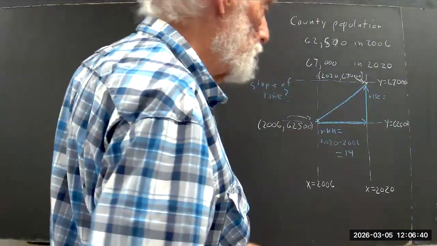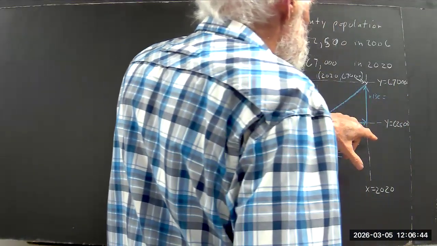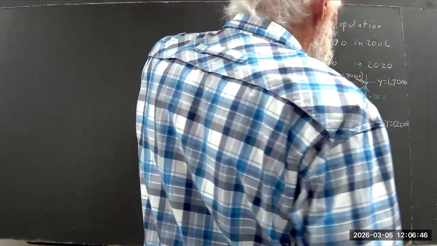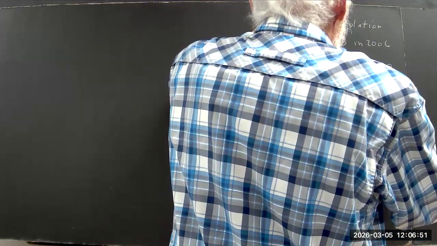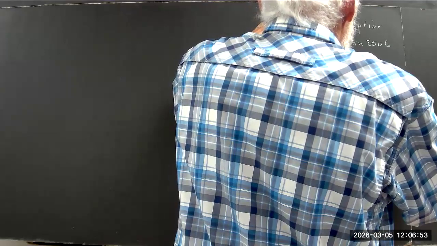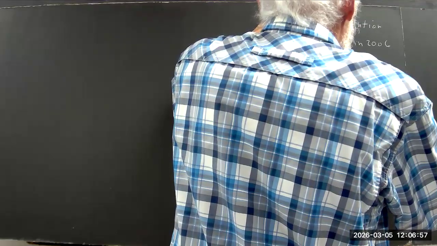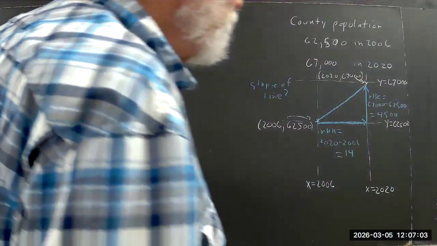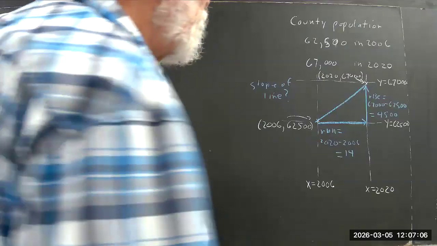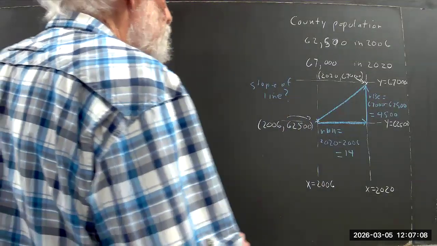Your rise is from 62,500 to 67,000, and I believe that's 4,500. Okay. So what's your slope?